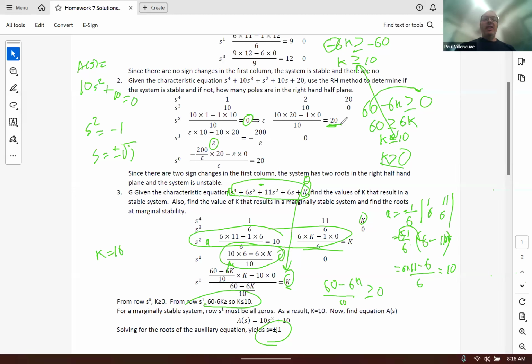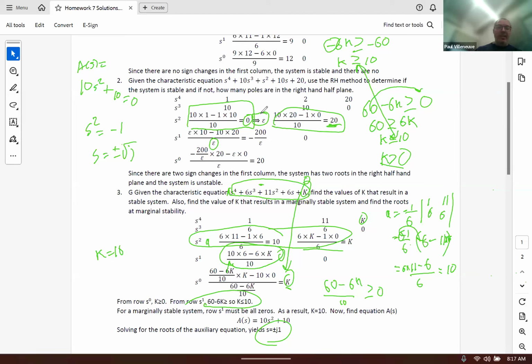No. So I use the E term over here because the first thing I did was check to see if in the second column there's also a 0. Since it's not, it's a 20. Then I go ahead and substitute an E. So I did this process right here first. Then I did this and calculated that that's not a 0. So then I did this last little bit here.